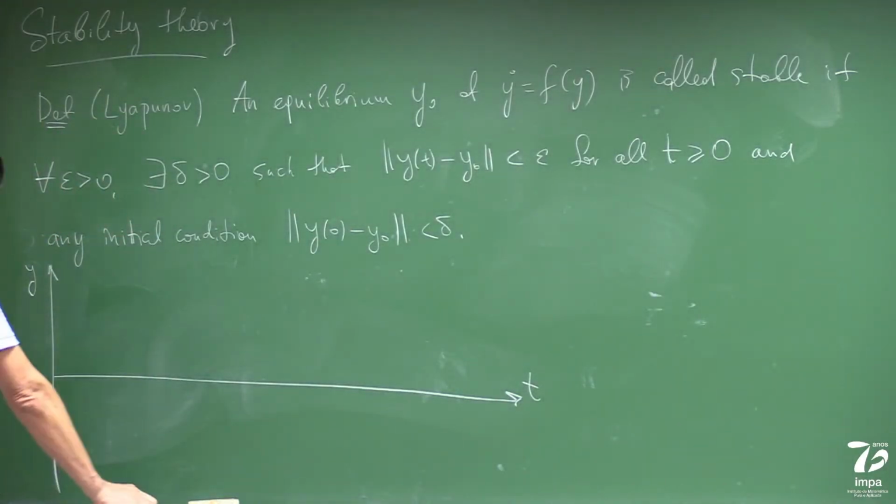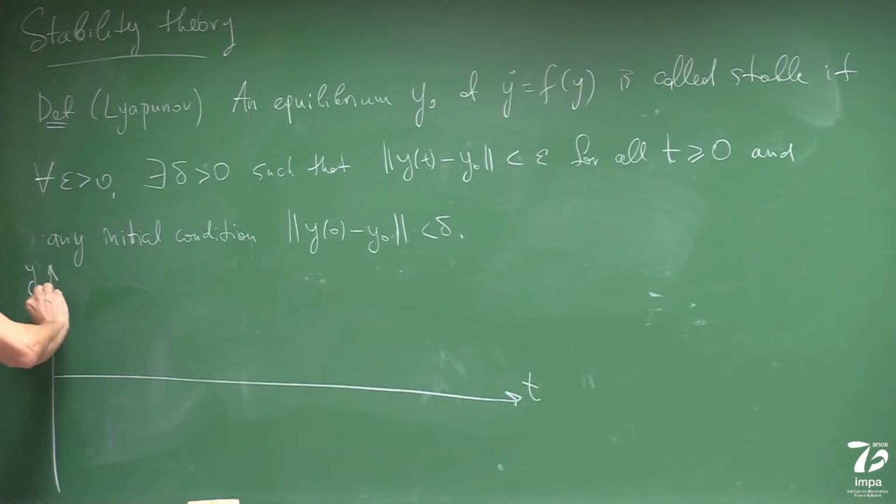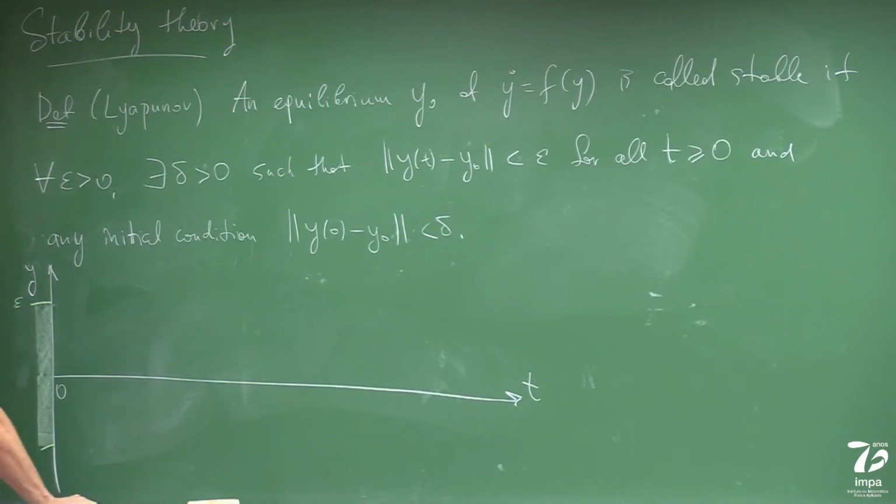So what it tells is that whatever epsilon you give, which is a distance. Oh, sorry, this will be y0.